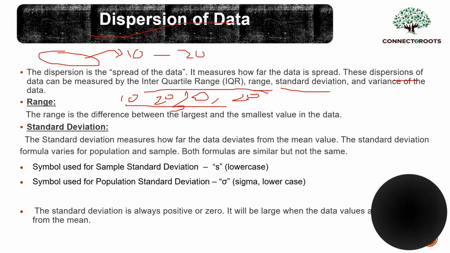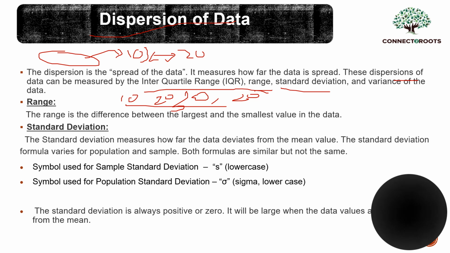So that's the difference. You have assumed the mean is 10, but your data set has deviated from the mean value. How many times it has deviated, and later on we will be studying how to see how many standard deviations it has deviated from the mean value, and basically this is the standard deviation.